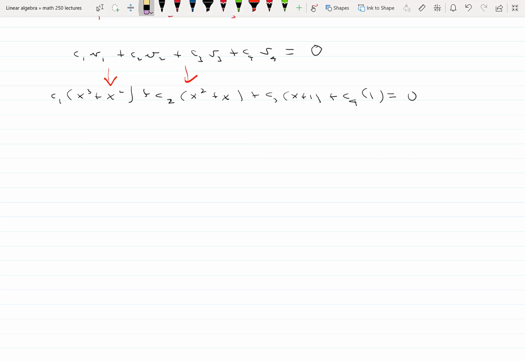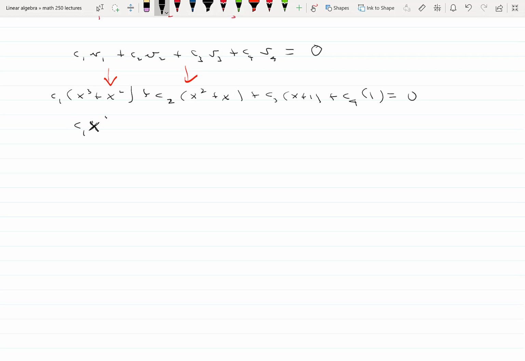Left-hand side. Let's gather coefficients together. We have c1 times x cubed. My writing is getting really sloppy early.